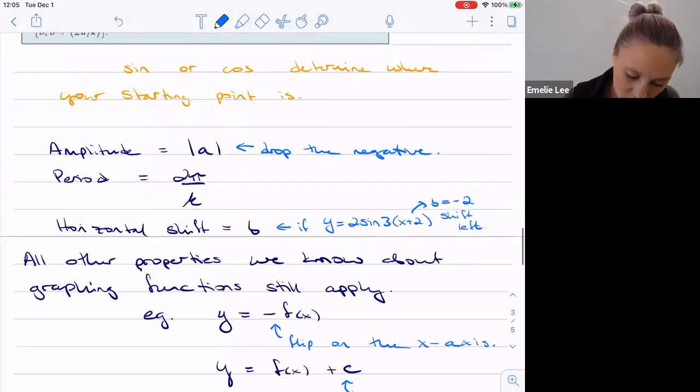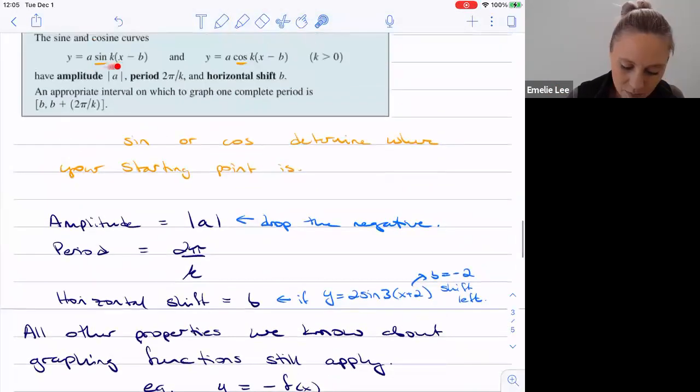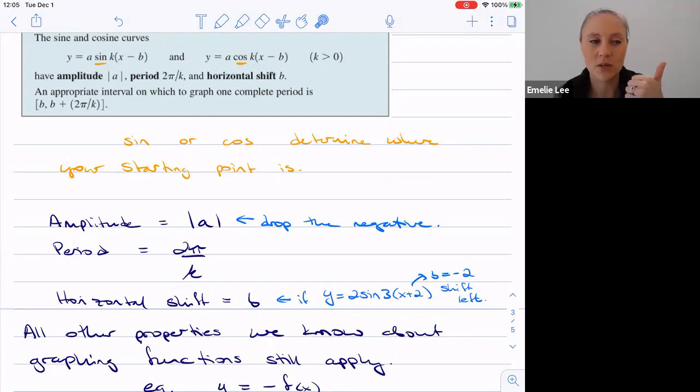What I need you to know is, given a function, are you able to tell me what the amplitude is, what the period is, and what the horizontal shift is? And then tell me how it would affect the graph.